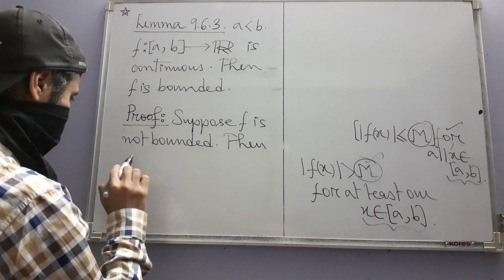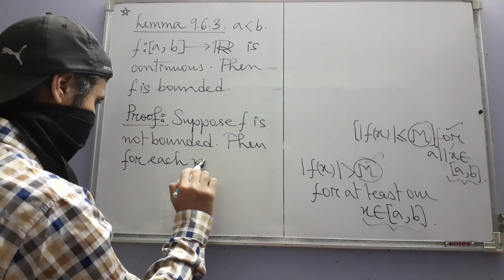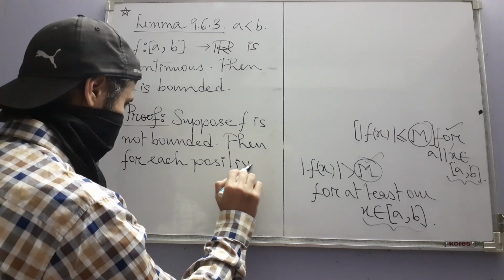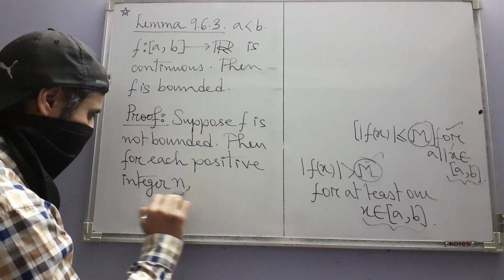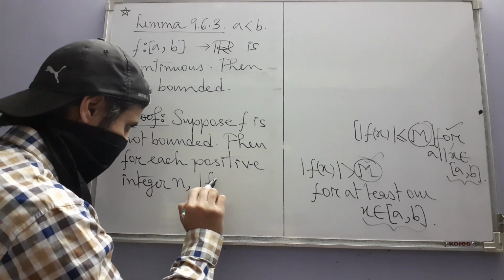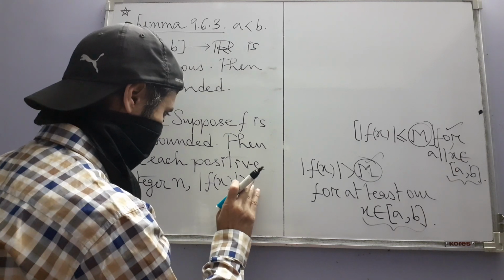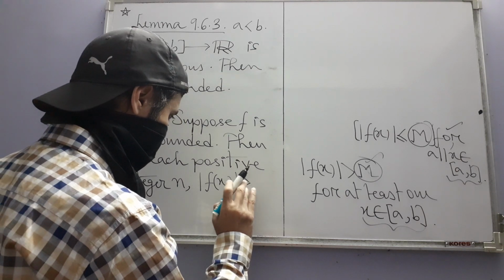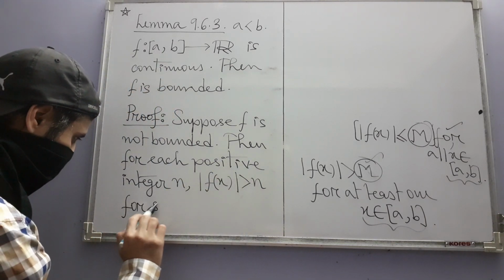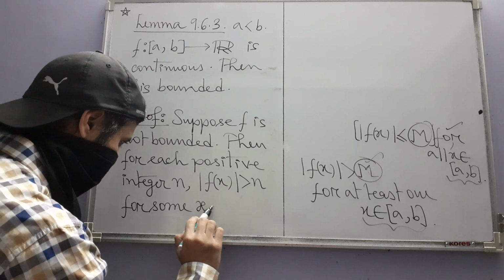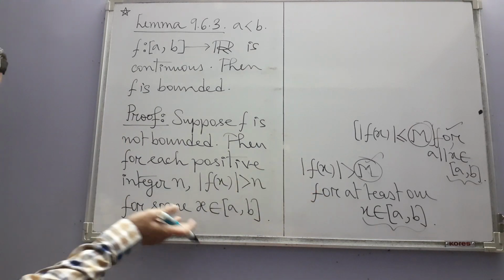Then for each positive integer n, the absolute value of some functional value is strictly greater than n for some x in the domain. In place of for at least one, I have written for some.